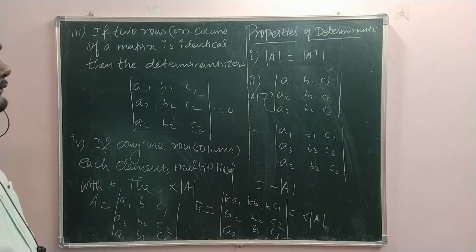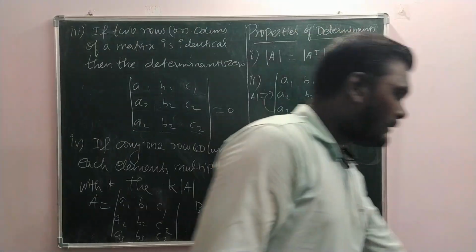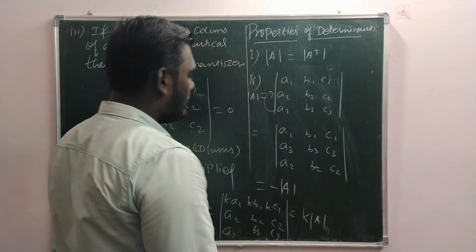The second one is, if any row or column is interchanged, then the determinant value is negative.